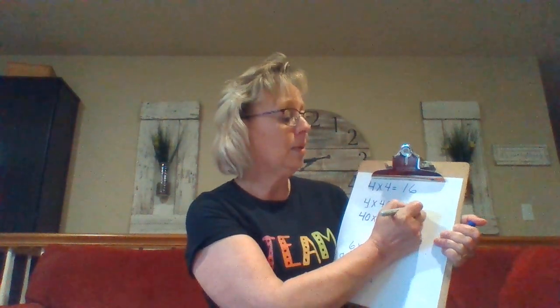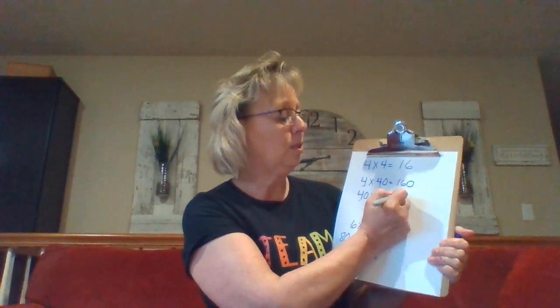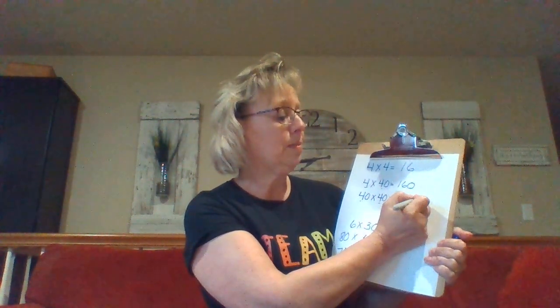But because this number is 10 times more than 4, I'm going to place a 0 for 160. And then 40 times 40, again, I have my basic fact of 4 times 4, which is 16. But again, this 40 is 10 times more than 4, and this one is also 10 times more than 4. So I'm going to place 2 zeros in that answer.